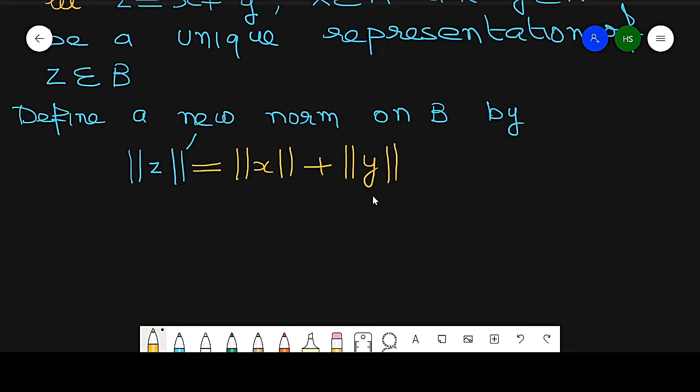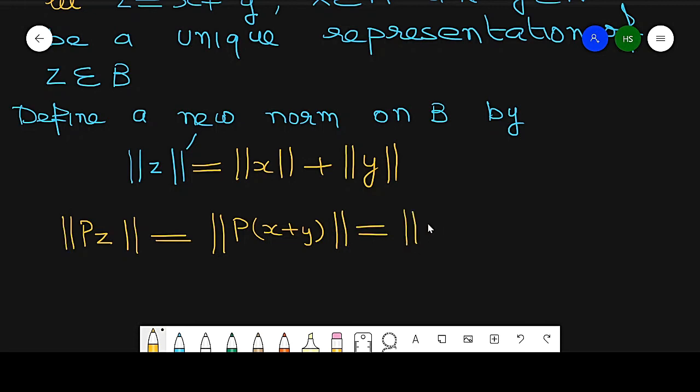Now since B is a Banach space, we define a new norm. We know that the norm of P of z can be written as the norm of P of x plus y, which is x. Why?